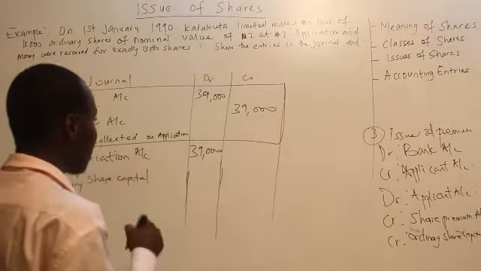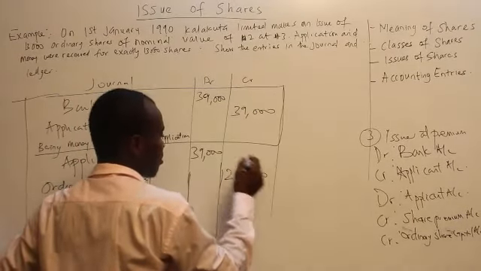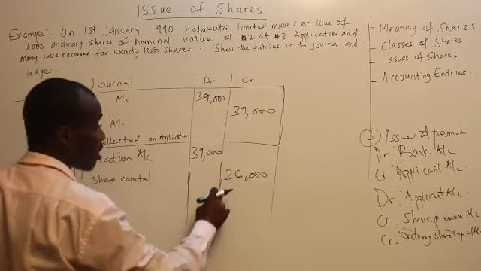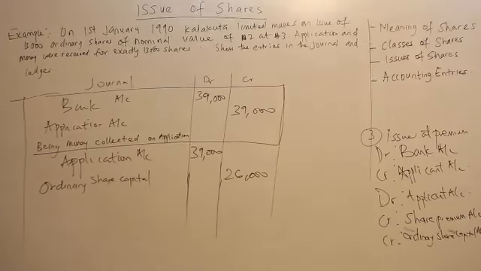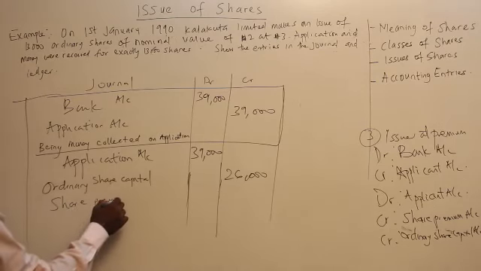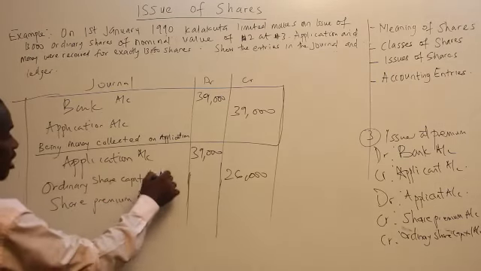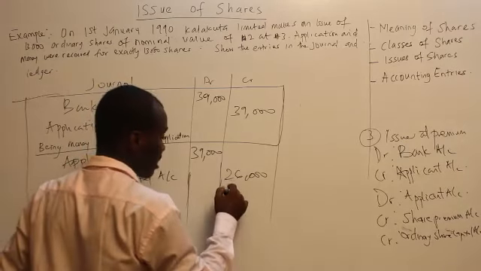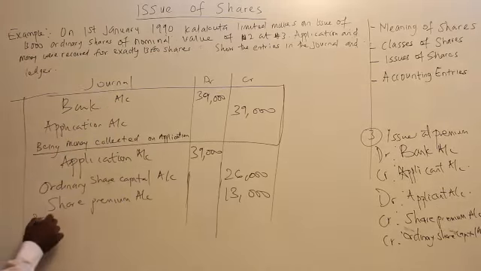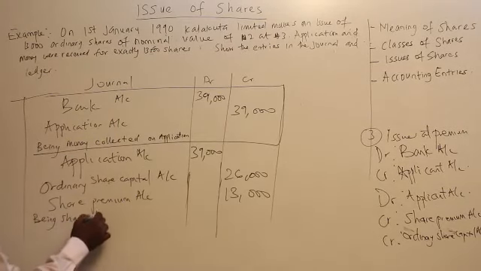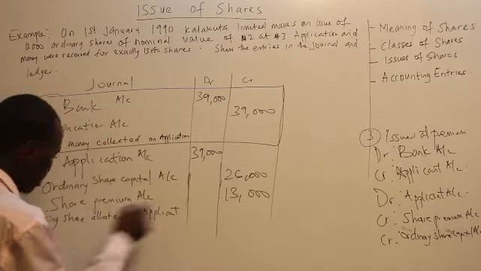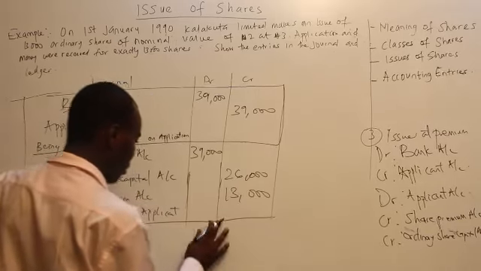That will be 2 times 13, which gives us 26,000 naira. That does not equal the amount that was issued, so the difference is our premium, 3 minus 2, 1 naira premium. So we are going to credit share premium account with 1 times 13, that gives us 13,000 naira. So we have 39,000. Being shares allotted to applicants. When the shares are allocated to the applicant, this is the entry we have to prepare.